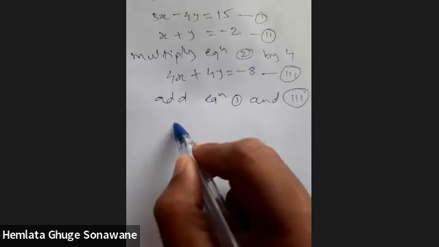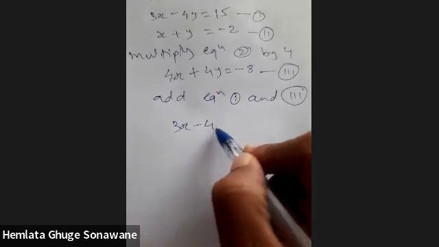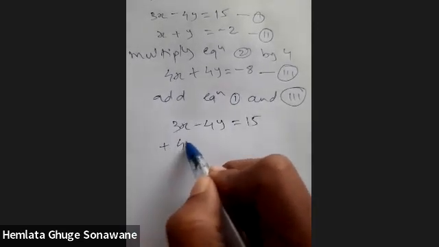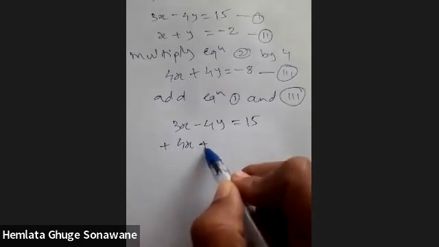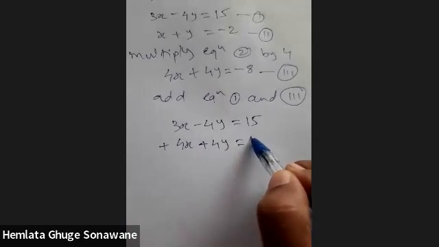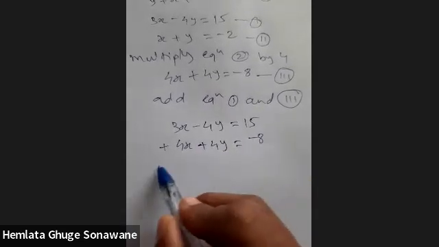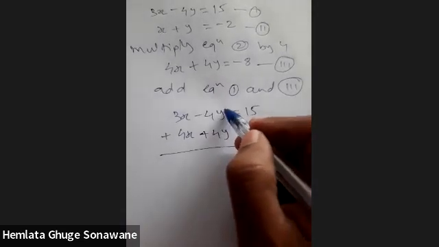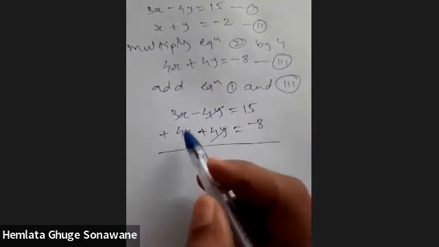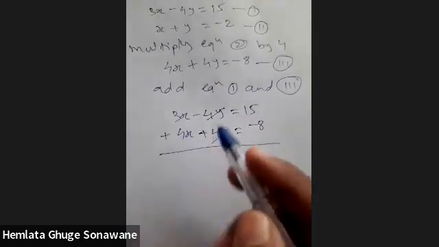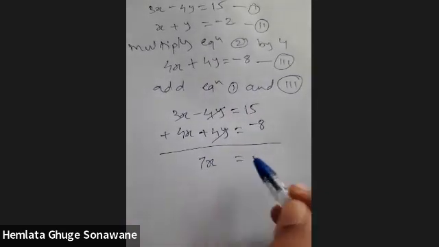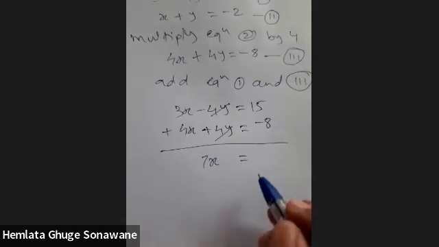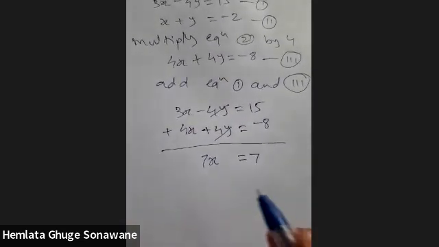Equation number 1 is 3x minus 4y is equal to 15, plus equation 2, 4x plus 4y is equal to minus 8. Now here, minus 4y and plus 4y cancel. 3x plus 4x is 7x is equal to 15 plus minus 8, which becomes plus 7.